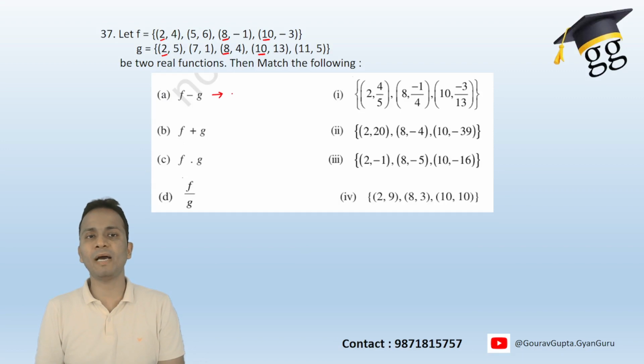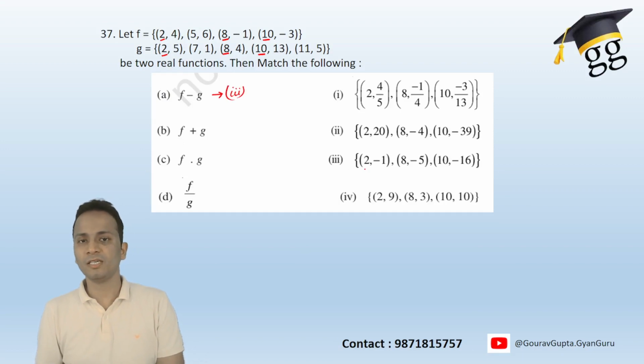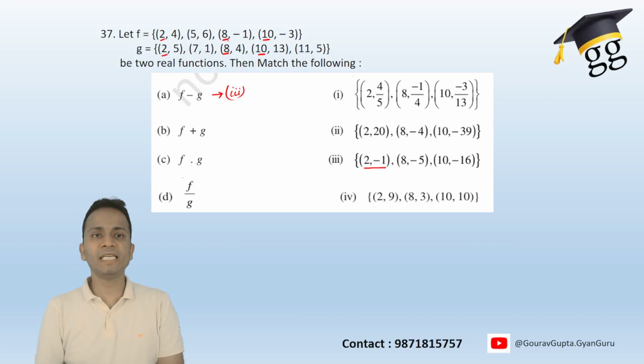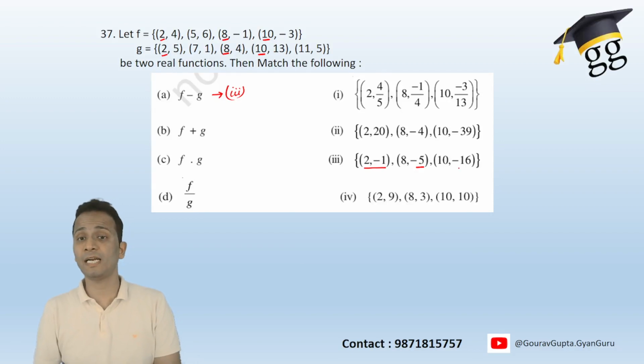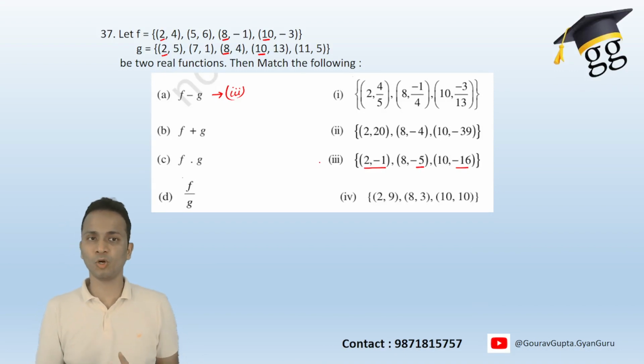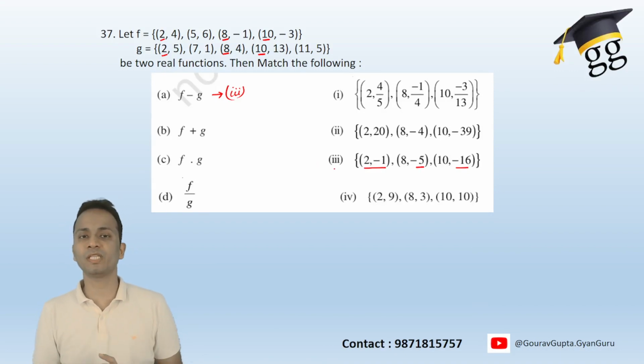So this will be matched with the third one. Right? 2 comma minus 1. For 8, let's check: minus 1 minus 4. It should be minus 5. And then at x equal to 10, it is minus 3 minus 13, that is minus 16. So it is completely matching with the third part. So f minus g can be matched with the third part.